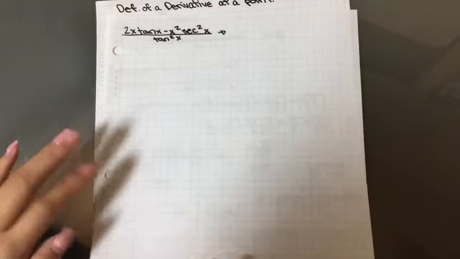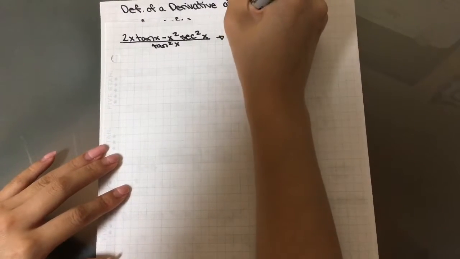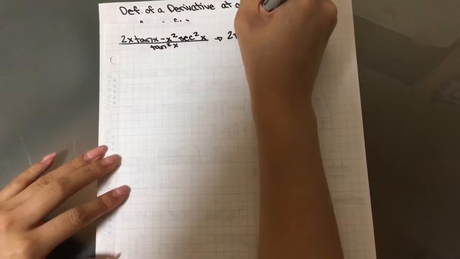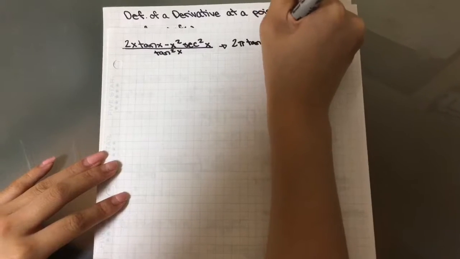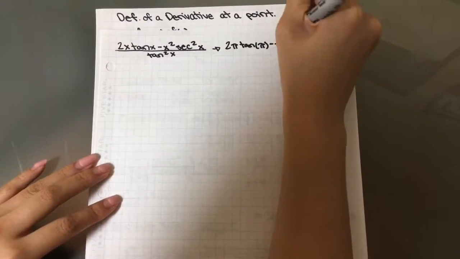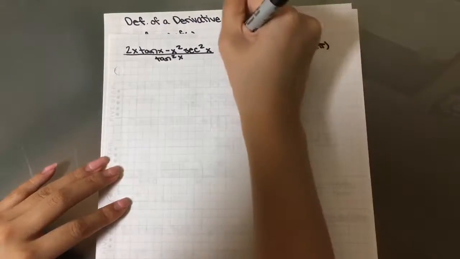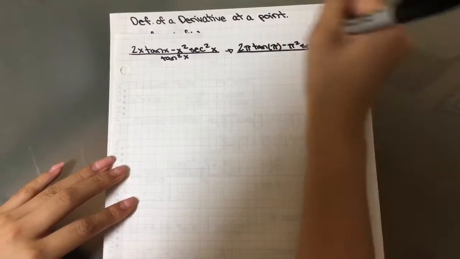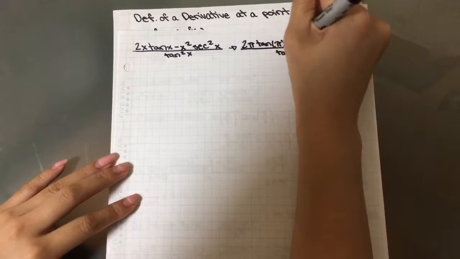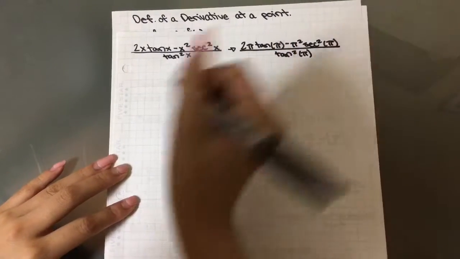When you plug in pi, it'd be 2 pi tangent of pi minus pi squared secant squared of pi, all over tangent squared of pi.